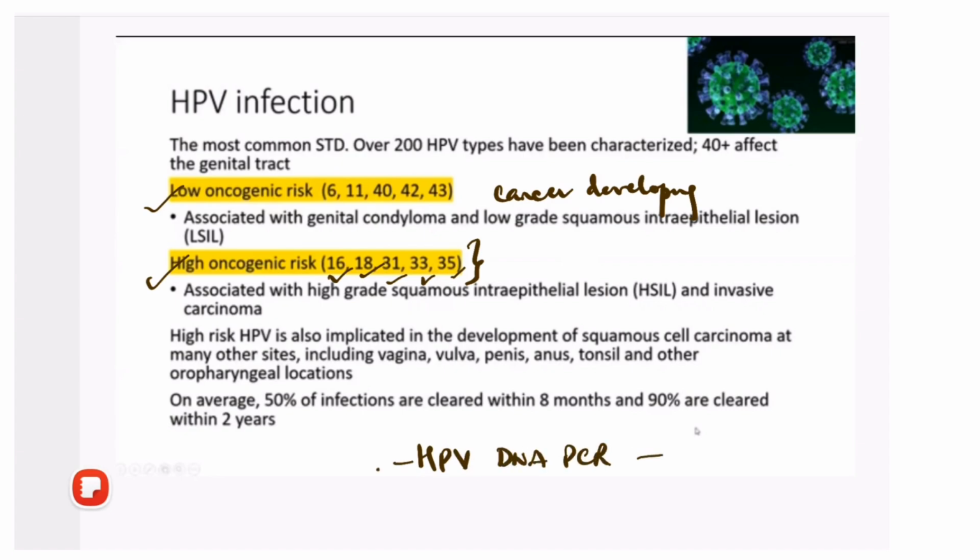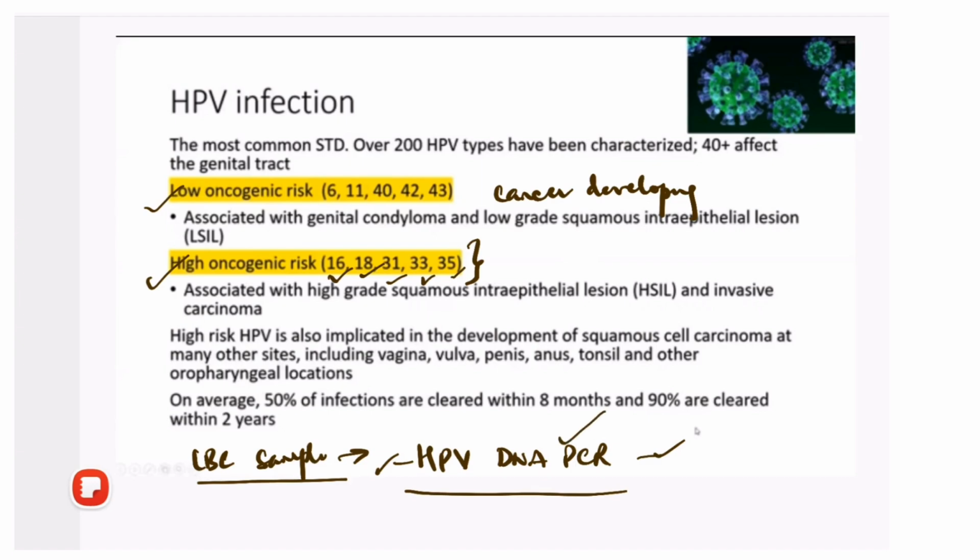The technique is to take the LBC sample, and this LBC sample will be taken for HPV DNA PCR. It will be processed for low oncogenicity and high oncogenicity, and we are looking for 16 and 18 mostly, but other types should also be considered.